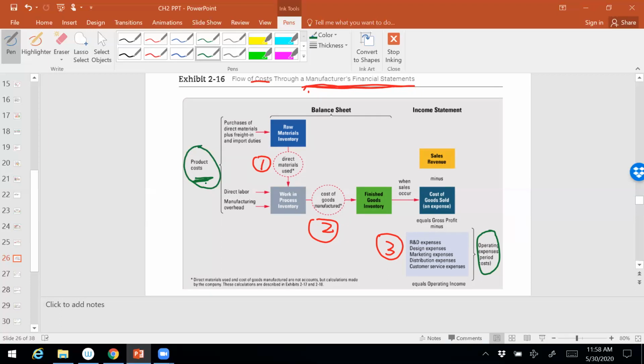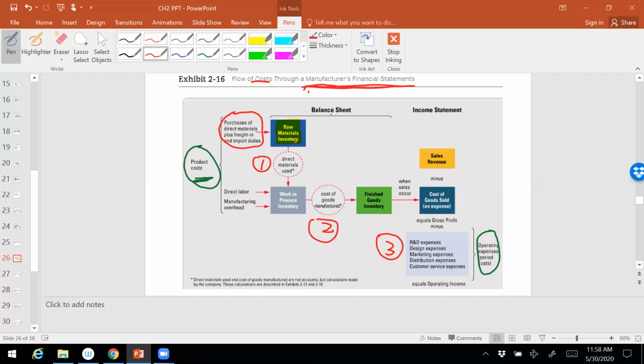The first part is we have to have our raw material. We purchase our raw material, and then we get our raw material inventory. So you get the plastic, you get the metal, you get everything, and then you have the raw material ready.